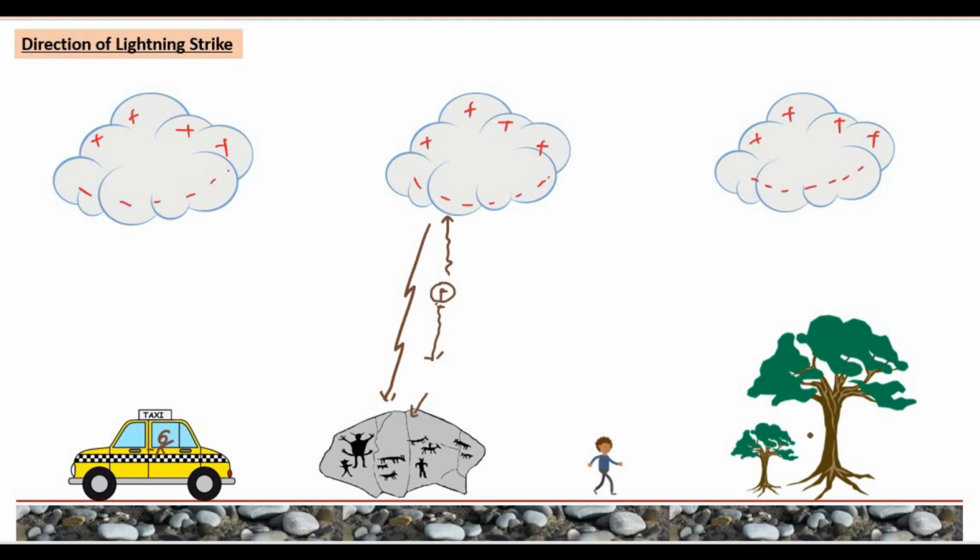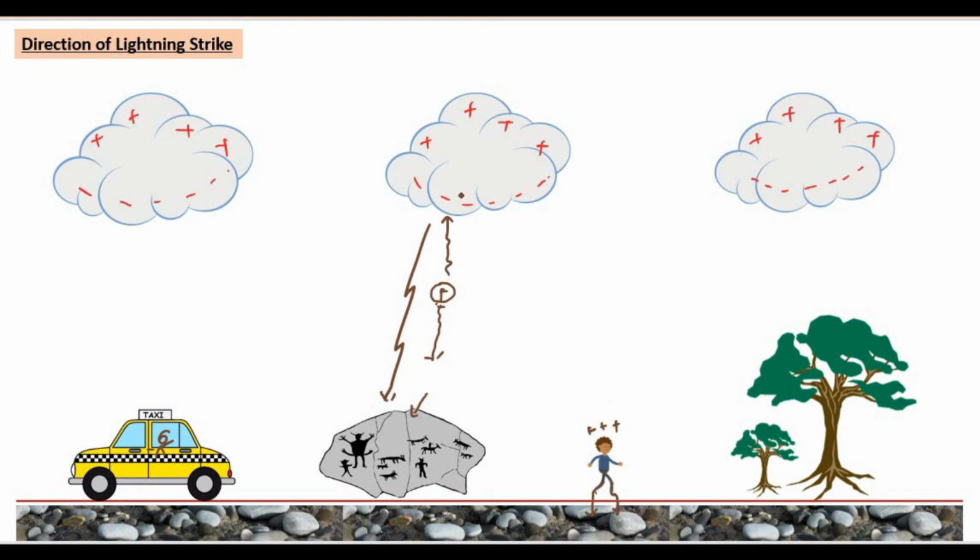Here we can consider our body and the tree as a conductor, because inside our body we have water and minerals, so our body is a conductor. These negative clouds will pull out the positive ions from our body in the upward direction, and the negative electrons would be pushed inside the ground.